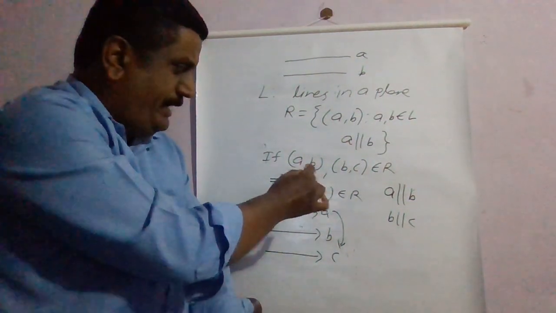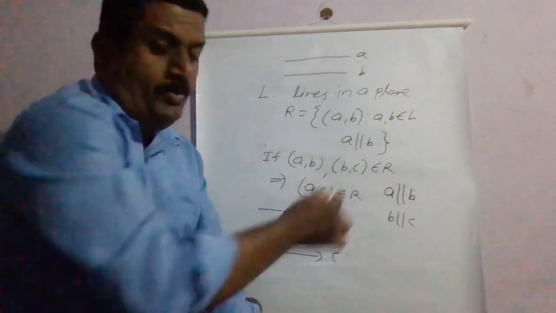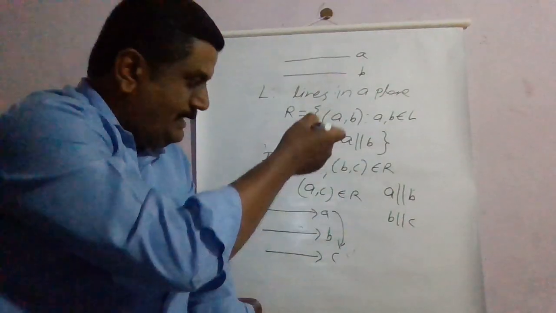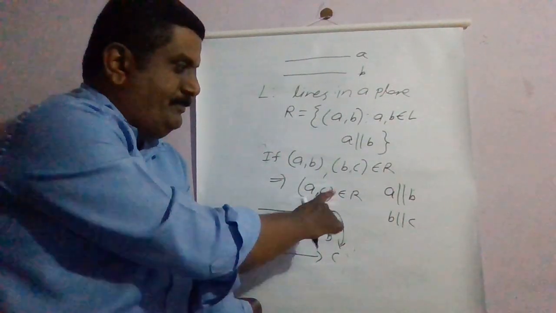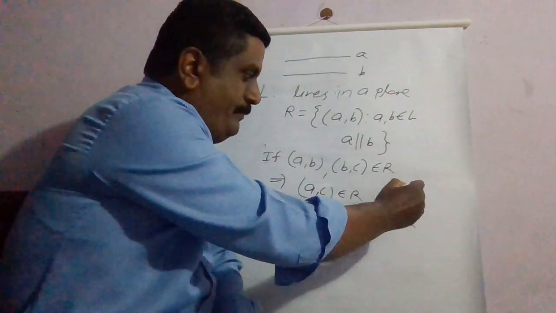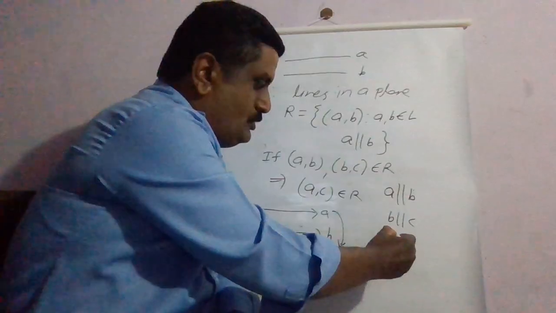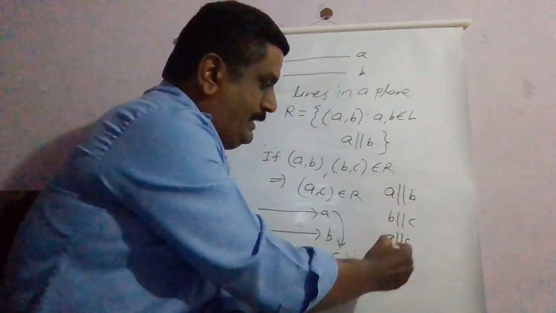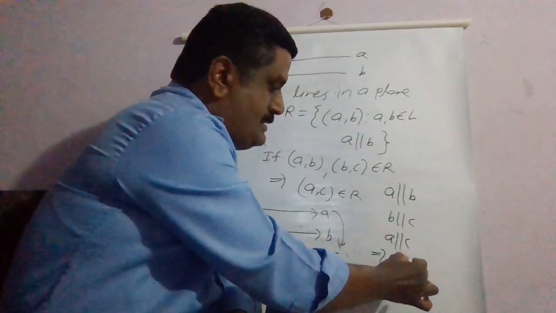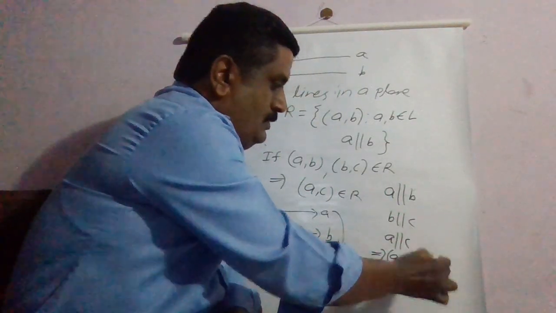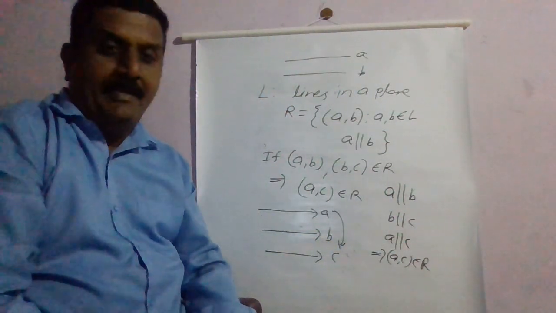So if AB, BC belong to R, then A parallel to B parallel to C clearly implies A parallel to C, which implies AC belongs to R. So this relation is transitive.